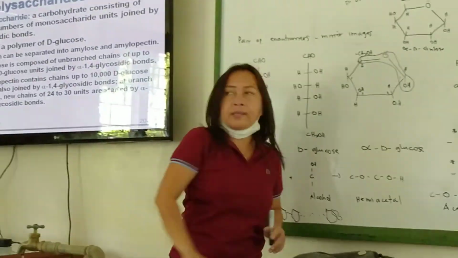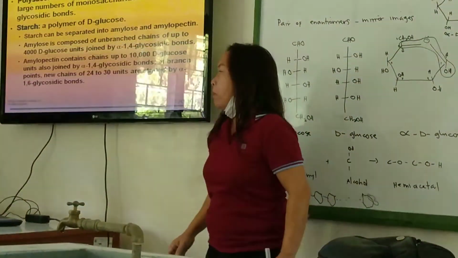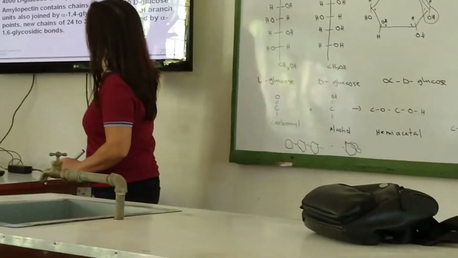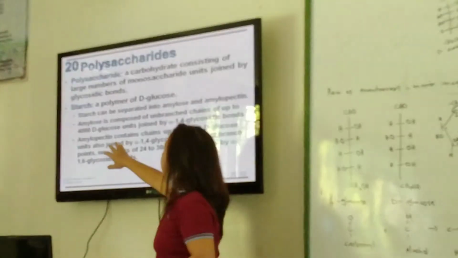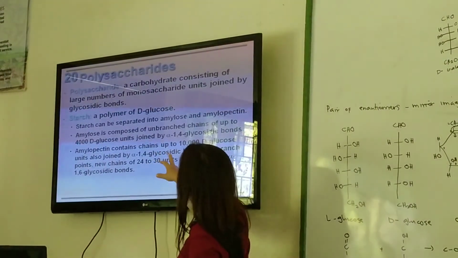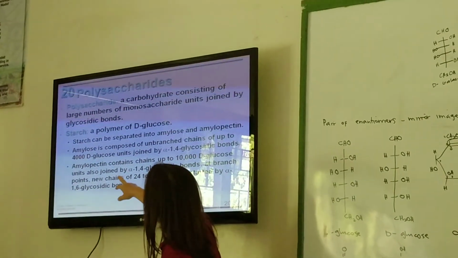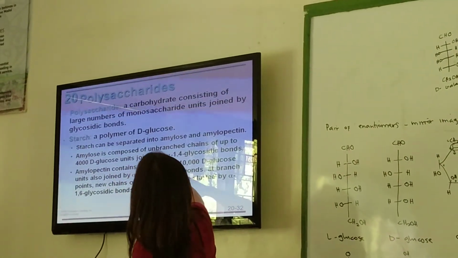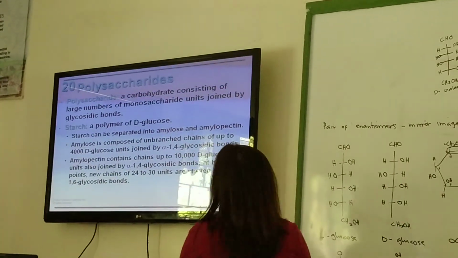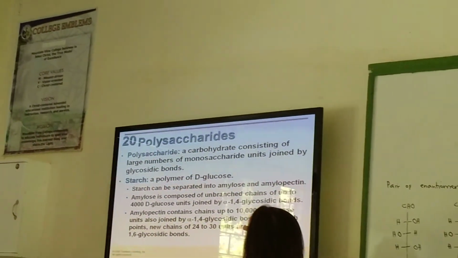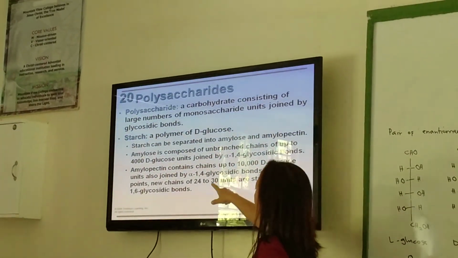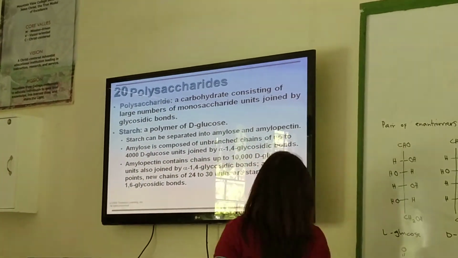But in the case of a starch, or a polysaccharide called amylopectin, amylopectin is branched. It is made up of maybe 10,000 glucose units joined by alpha-1,4 glycosidic bonds like this.